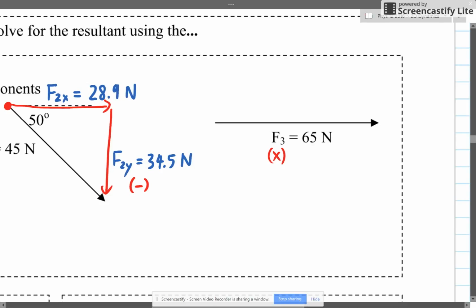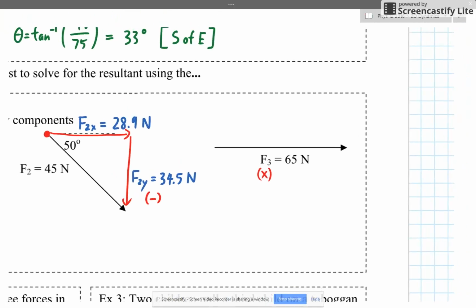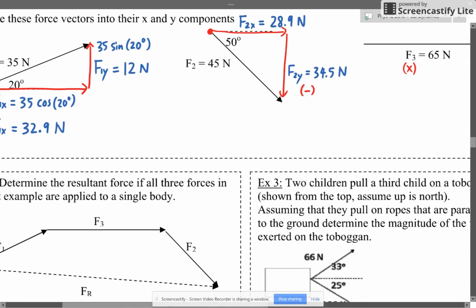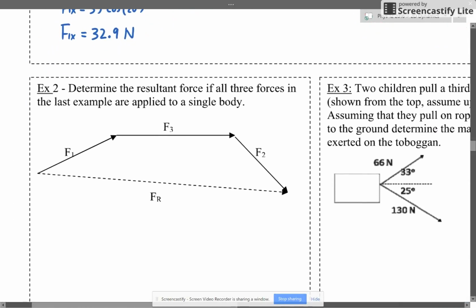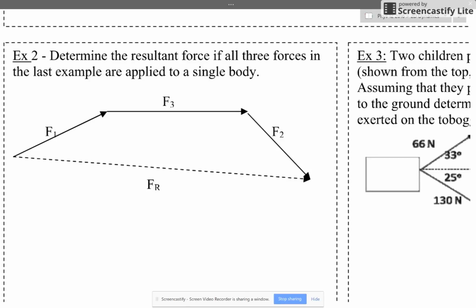Okay, the reason why we broke all of them into components is to prepare us for this question: when you have to add more than two vectors together, you cannot do the triangle method that we did in example 1.